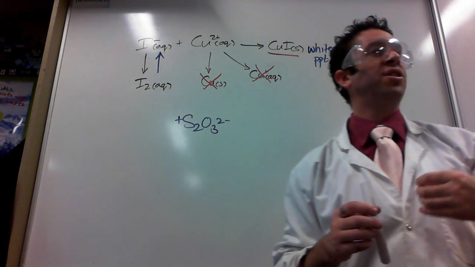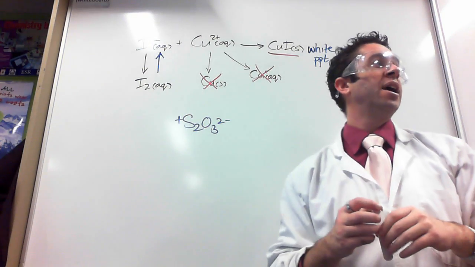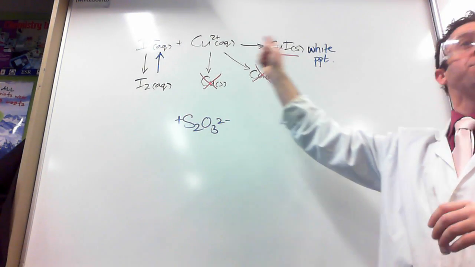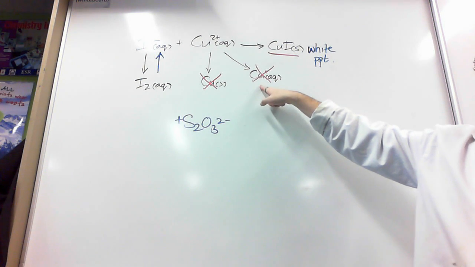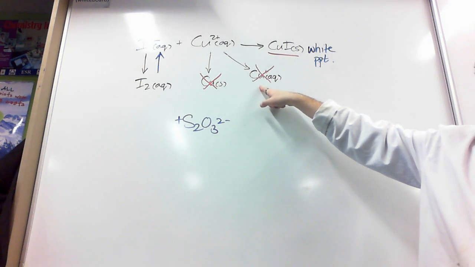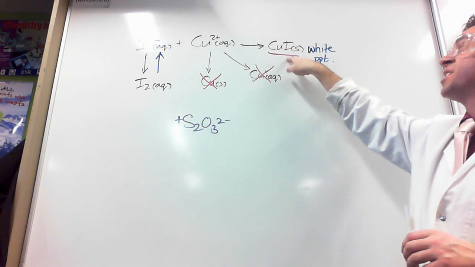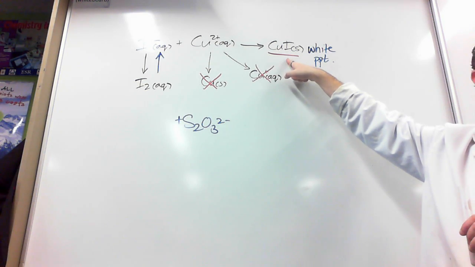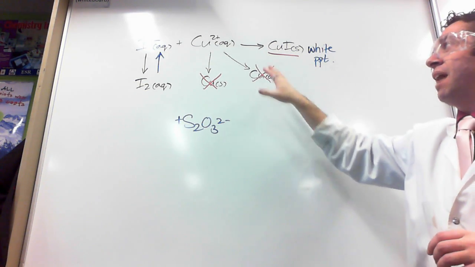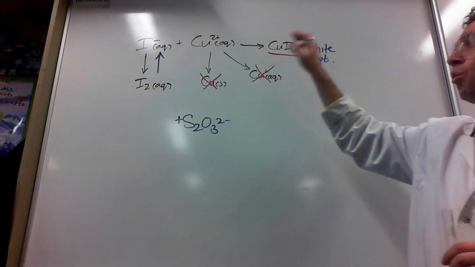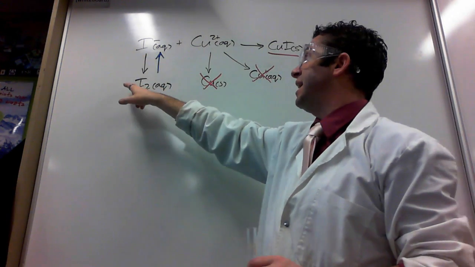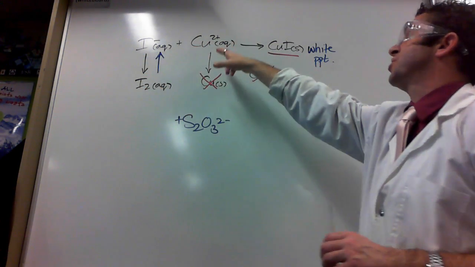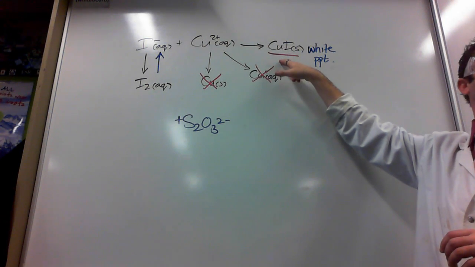Then I would go on to use Standard Electrode Potentials to further prove this, showing that going to this or going to this would actually have a negative EMF, so it would not be spontaneous, whereas this one would be spontaneous. I then have to make sure I can do half equations for all of the things that did happen. So iodide going to iodine in the presence of copper, which is turned into copper iodide.